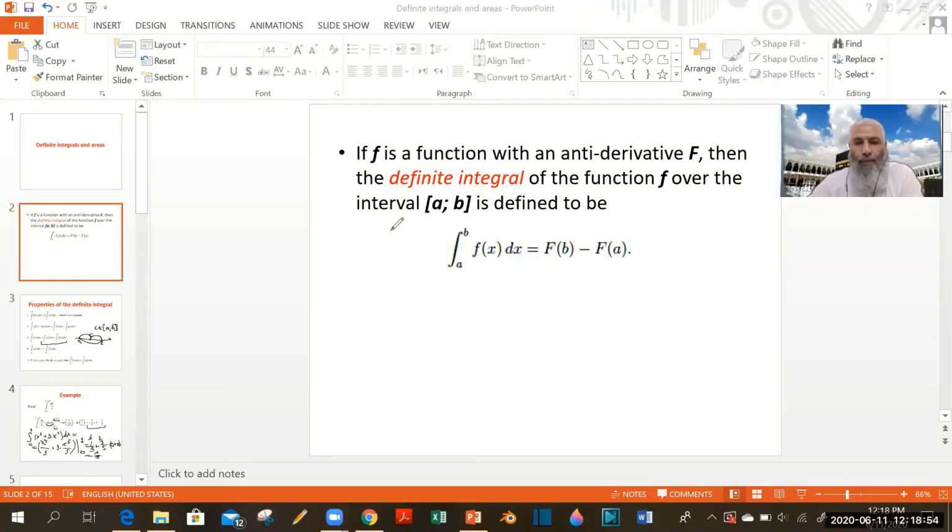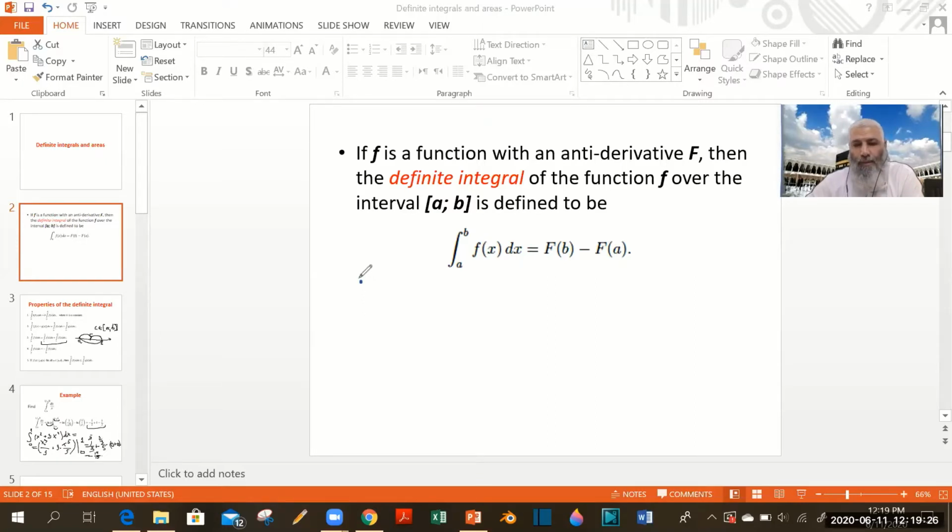Bismillah ar-Rahman ar-Rahim. If f is a function with an antiderivative F, then the definite integral of the function f over the interval a to b is defined like this: the integral from a to b of f of x dx equals F of b minus F of a.